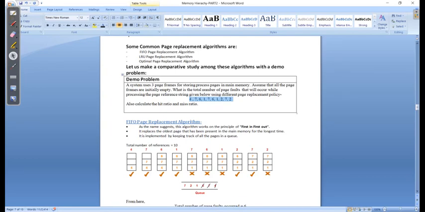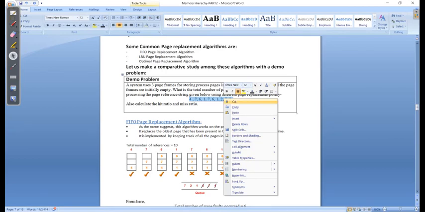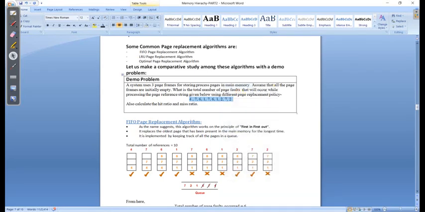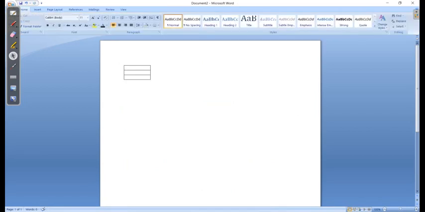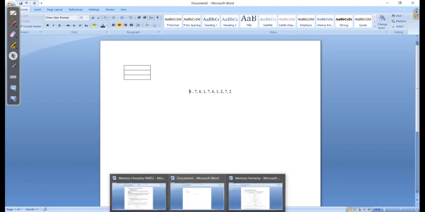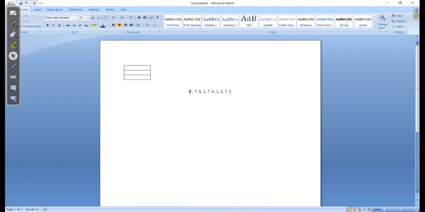To demonstrate the page replacement policy using different algorithms, let me copy this reference string and paste it into our sample diagram. So these are your page reference numbers.